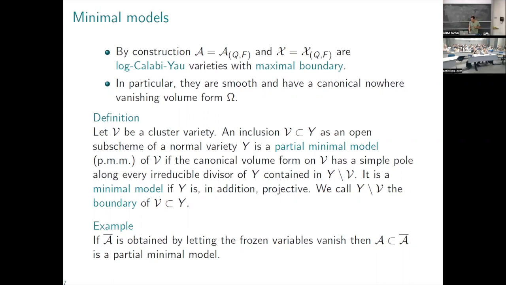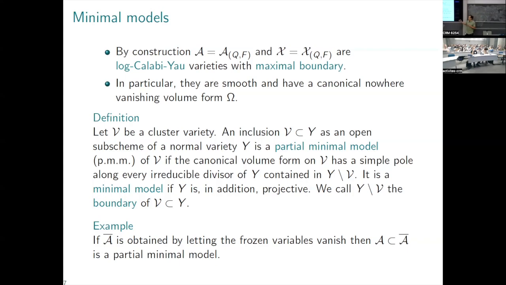So this is the canonical form on a torus, and the fact that it's log Calabi-Yau means that this volume form extends to my whole variety, and it's nowhere vanishing, and it has no poles. That's essentially what it means. And what's a minimal model? A minimal model comes from the minimal model program that actually works with projective varieties. So this is kind of not the mainstream version of minimal models.